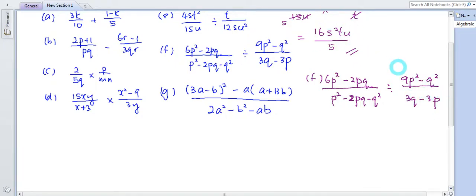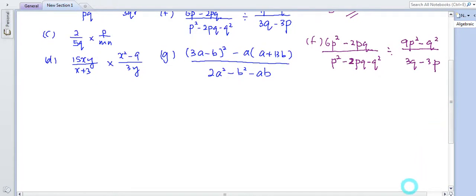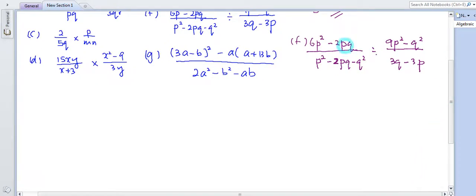This one looks a little bit complicated, right? But if we do it step by step, there should be no problem.